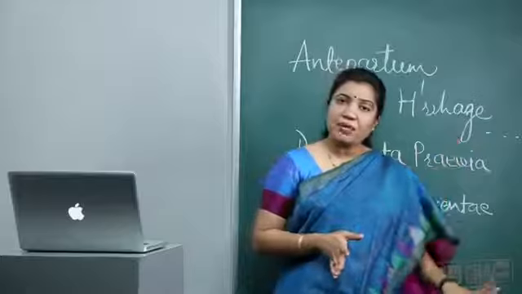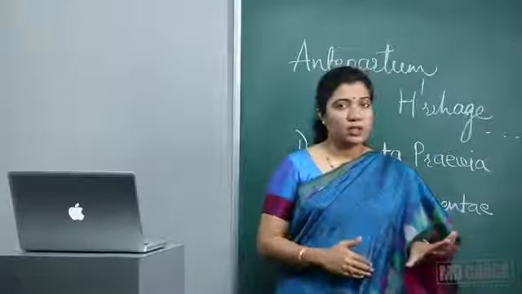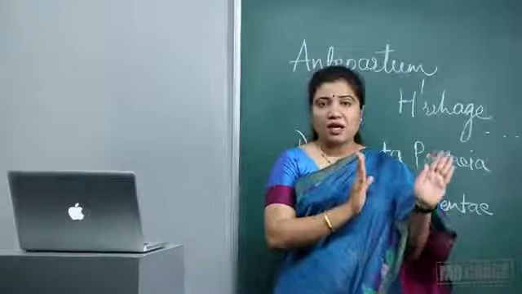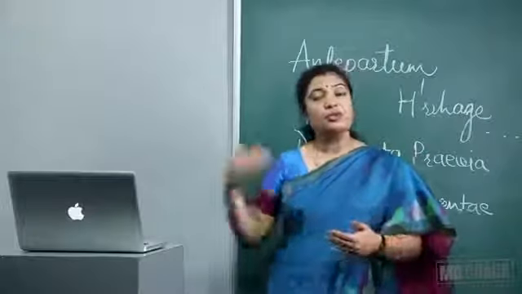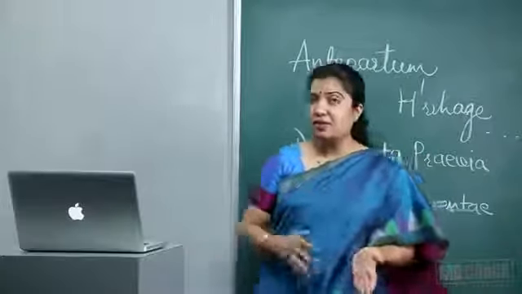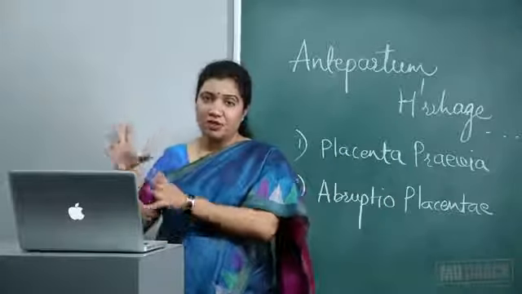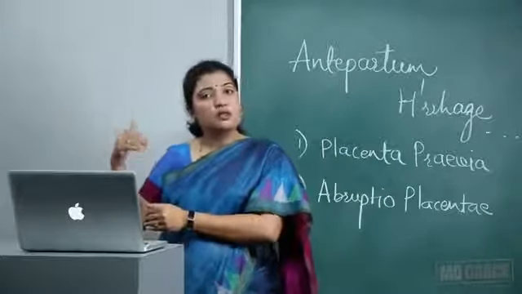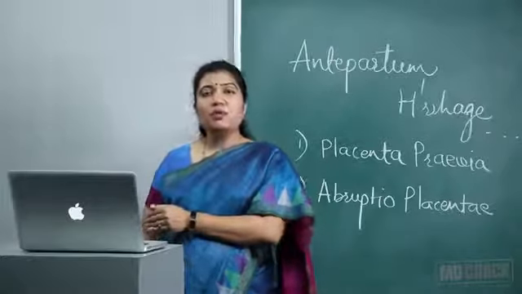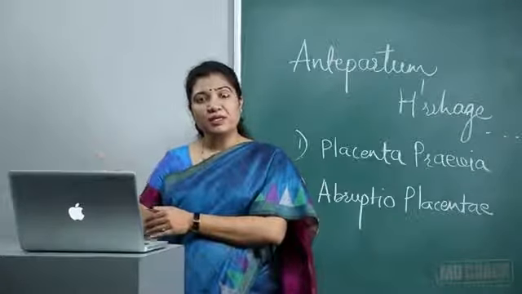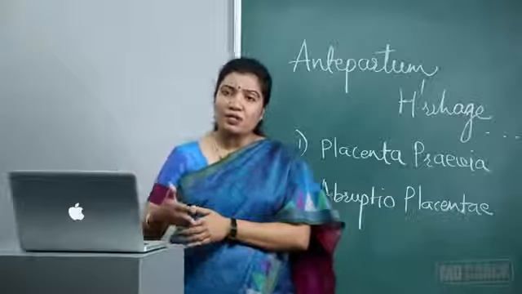Blood has to be kept ready over here depending on the blood loss. Coagulopathy is rarely seen here. PPH, in both the cases they are at risk. In abruption, always rule out coagulopathy. That's the first investigation. Maintain renal blood flow by giving IV fluids, mainly crystalloids, and if required blood transfusion.